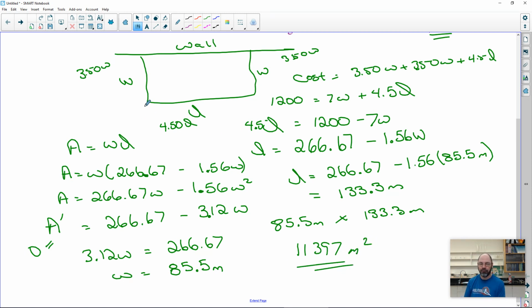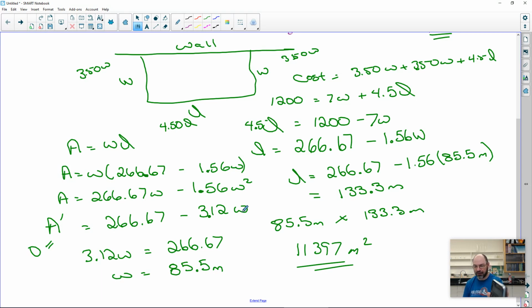And if you think about that cost, if you wanted to double check your answers, you could ask, is that going to give us $1,200? Let's double check it. So I have 133.3 times 450, plus 85.5 times 2, because there's two widths, times the cost of 350.